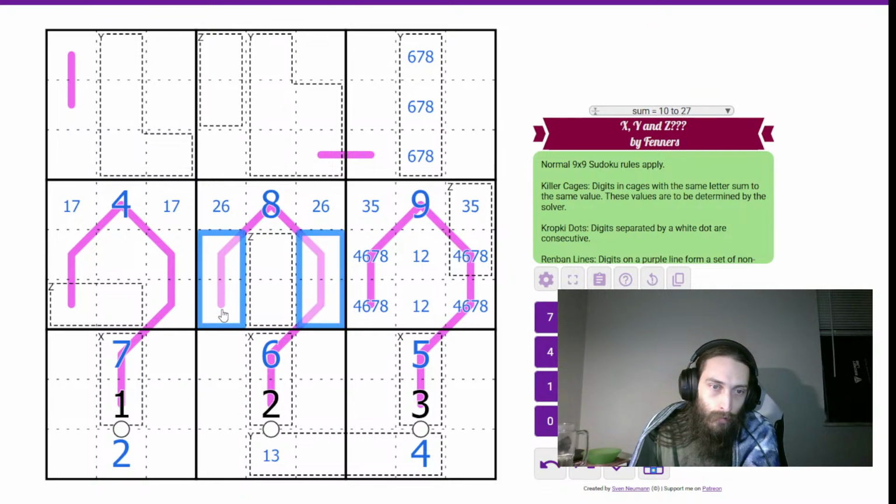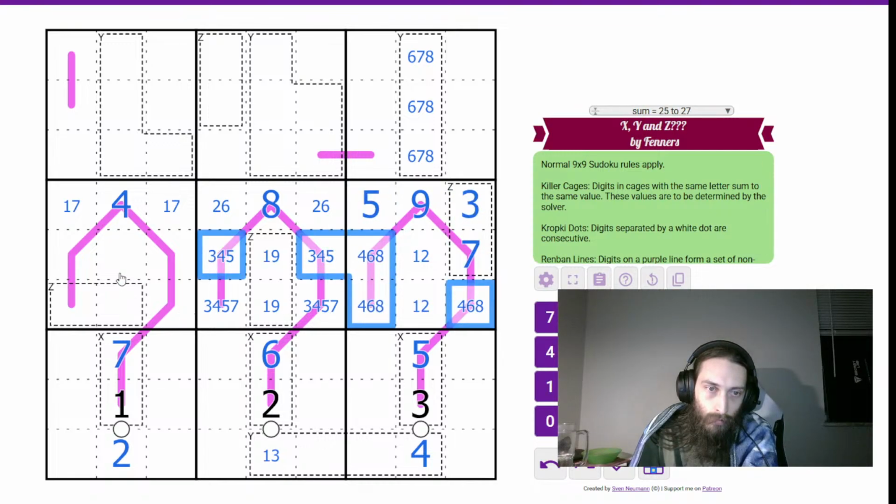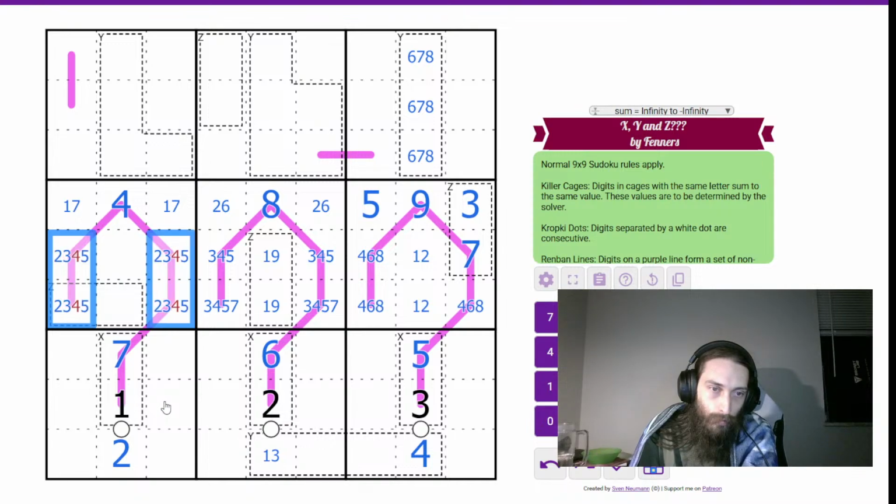Well, yeah. 3, 4, 5, 7. Oh, we'll know what Z is. Yeah, 1 and 6. No, 1 and 9. So Z is 10. So that's 3 and 7 here. 1, 2, 3, 4, 5, 6.